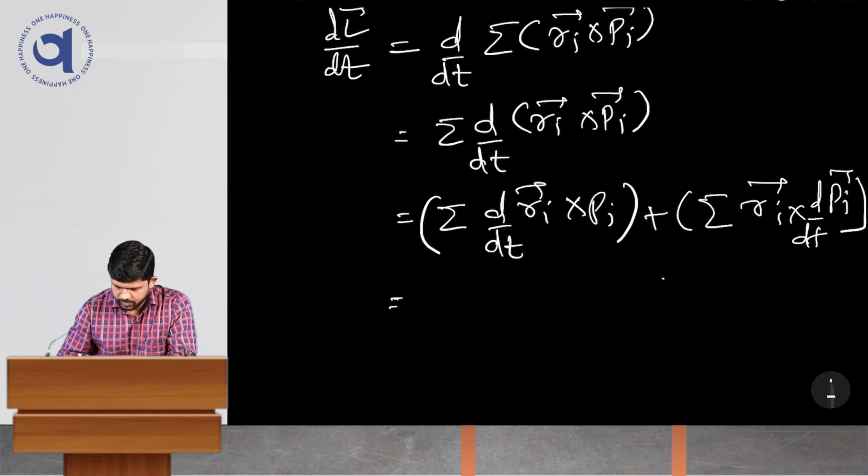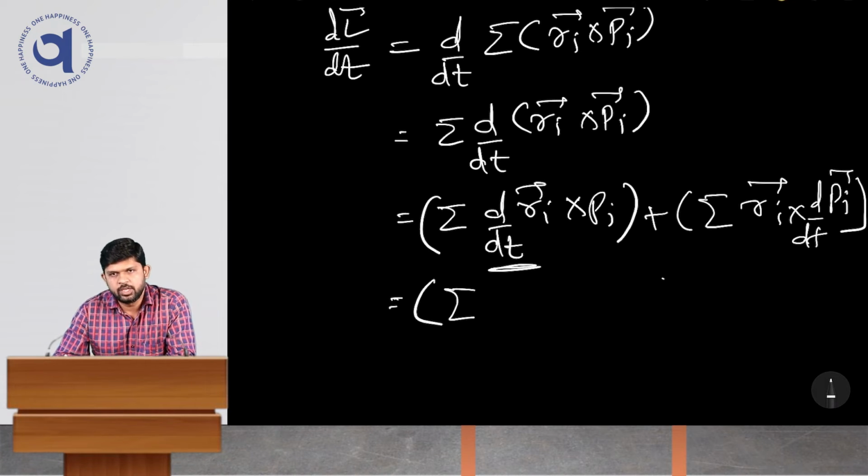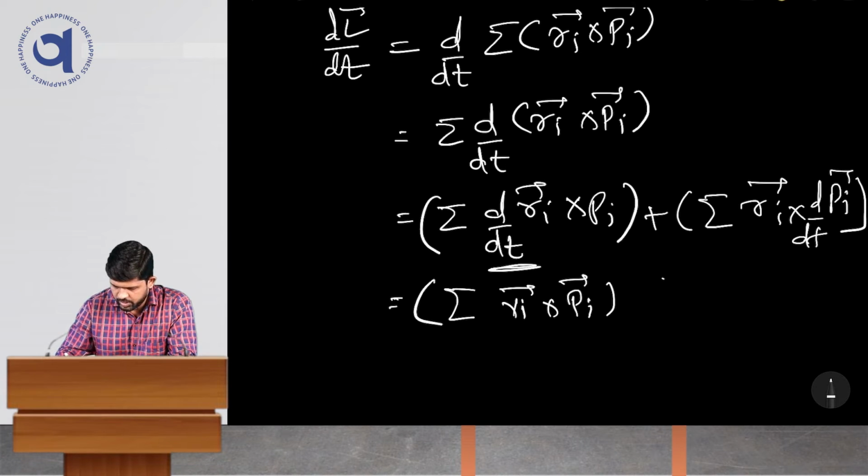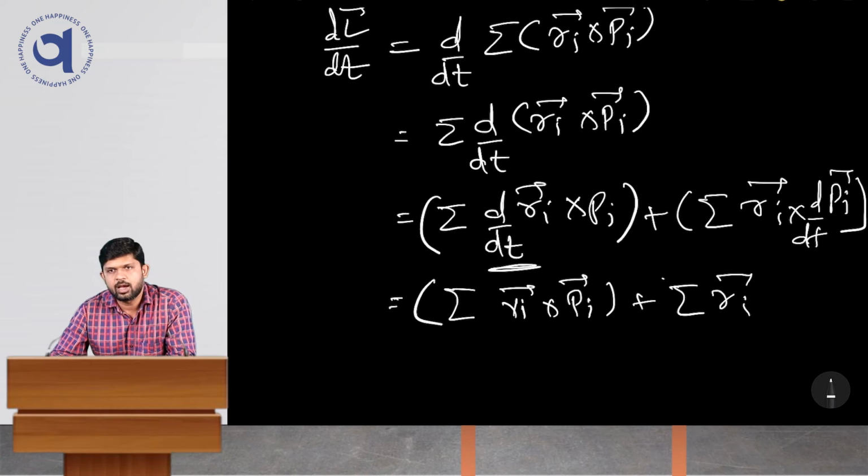So now this thing shows us the differentiation of position vector. So differentiation of position vector gives us the velocity of that ith particle. So we can write here vi cross pi plus ri cross, now this dpi by dt gives us the force acting on the ith particle. So we can write here Fi.